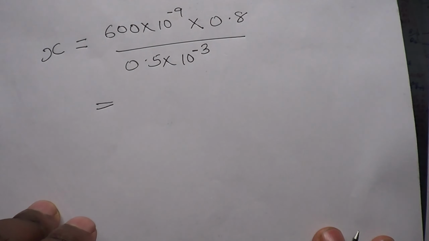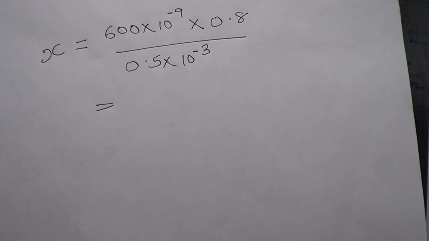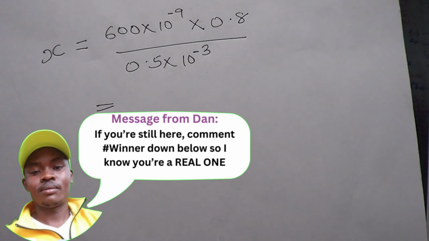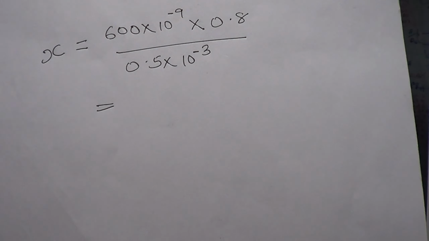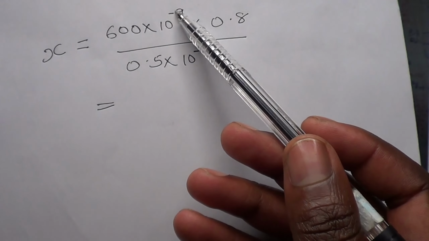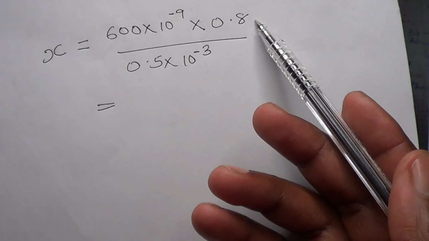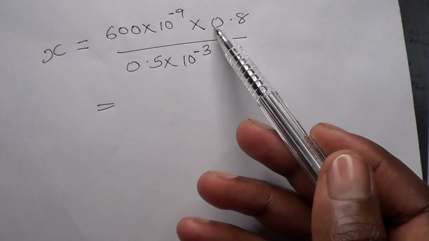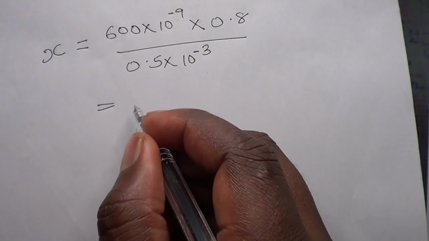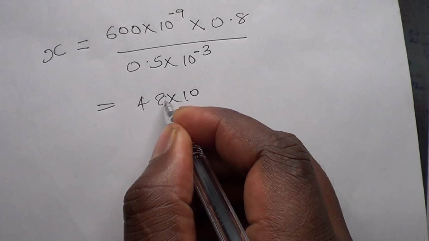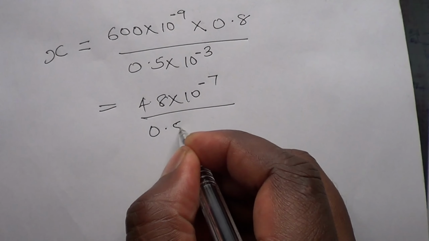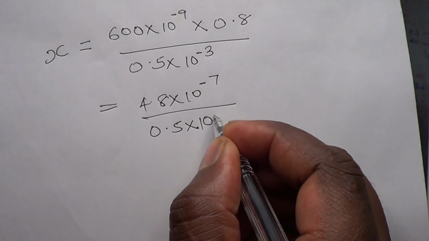We are going to get 600 times 10 raised to power negative 9 times 0.8, which is 0.600 times 10 negative 9 times 0.8, it is going to be 4.8 times 10 raised to power negative 7 over 0.5 times 10 power negative 3.